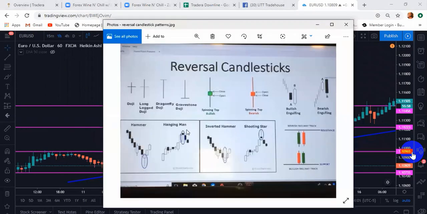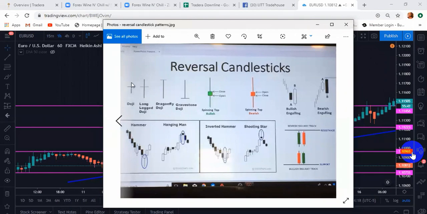Okay. Reversal candlestick. So anytime one of these appears in a market, a doji or long-legged doji, they look like T's, crosses, or plus signs, like I like to call them, typically the market tends to move in the other direction.